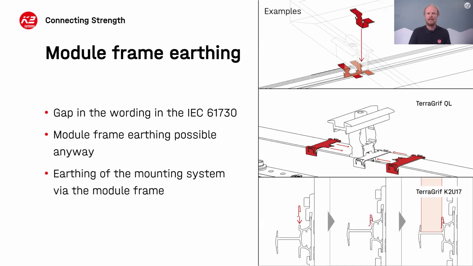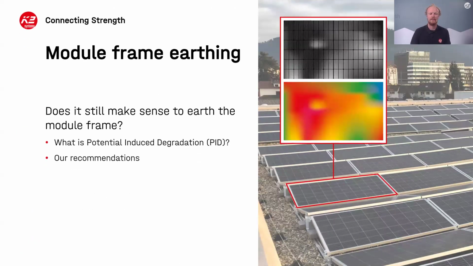So this was the functionality and the protection side of things, but there are more topics that come into it as well. One of them is the concept of potential-induced degradation, or PID. This is a voltage-related power degradation of PV modules, which can be caused by leakage currents, and it can affect the modules by up to about 30% in terms of how they produce energy.